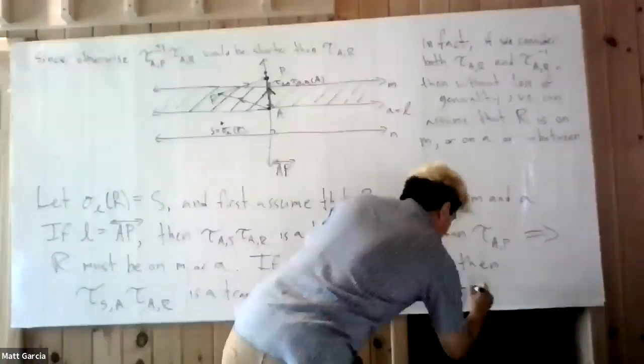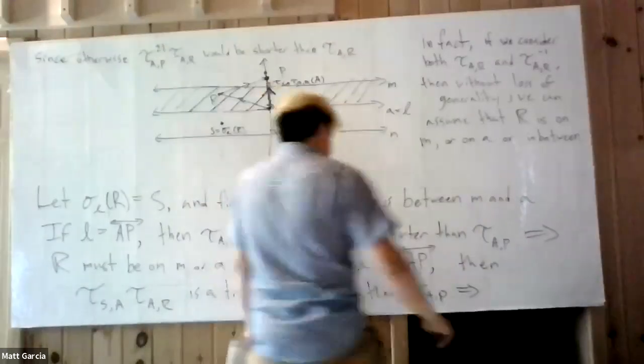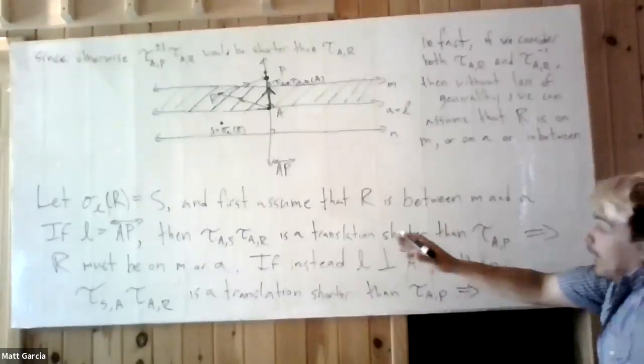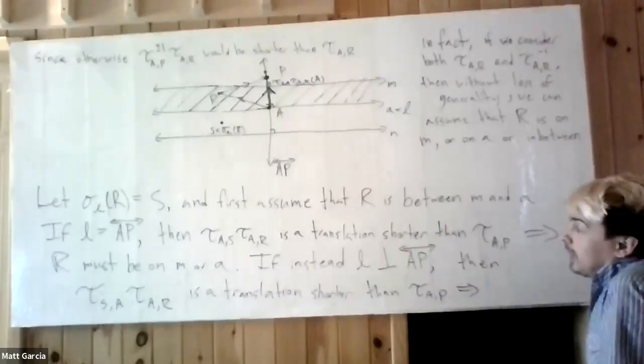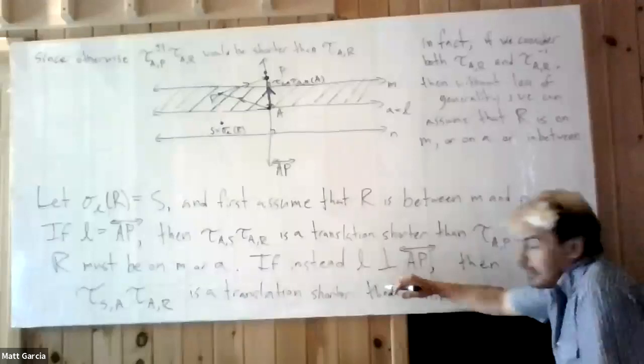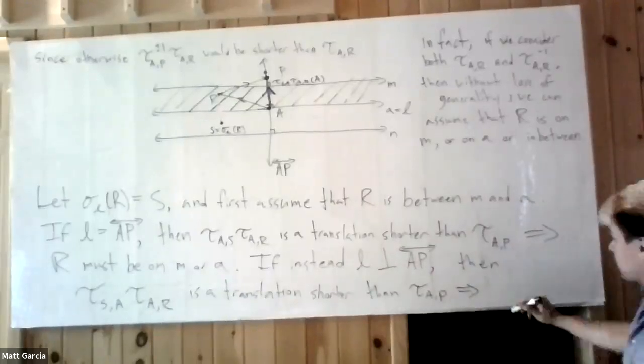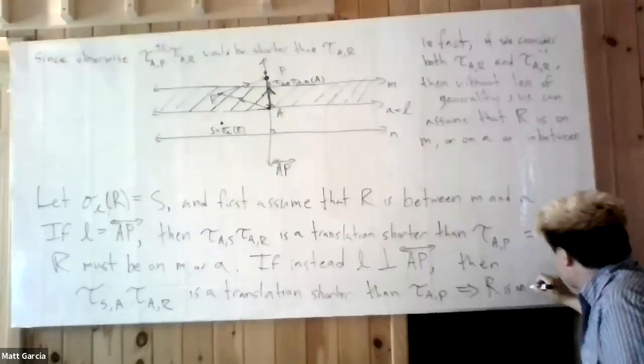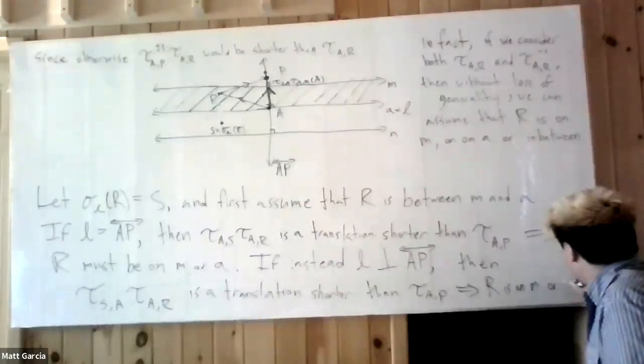So again, this is the same type of contradiction, whether L is equal to the line through P or L is perpendicular to the line through A and P, we still must conclude that R is on M or A.